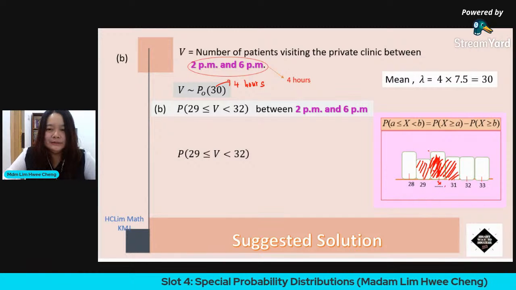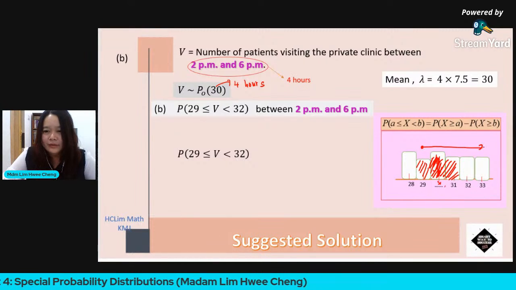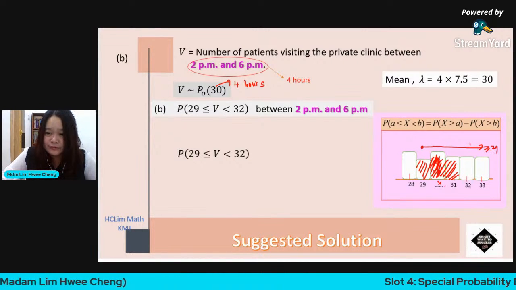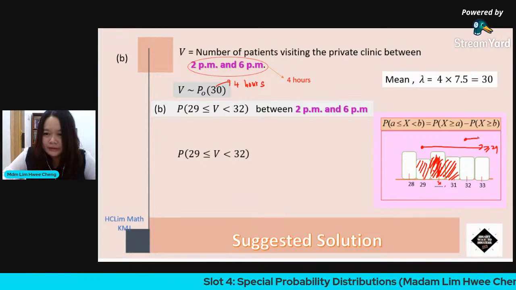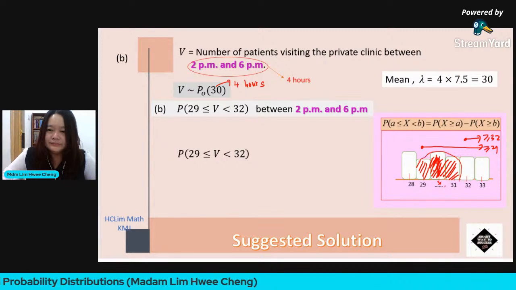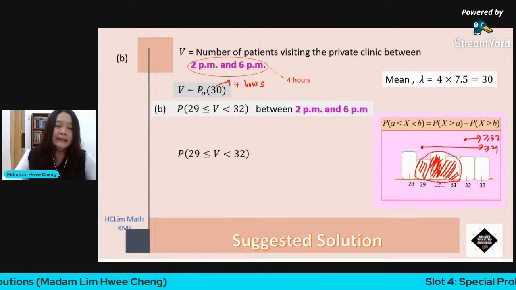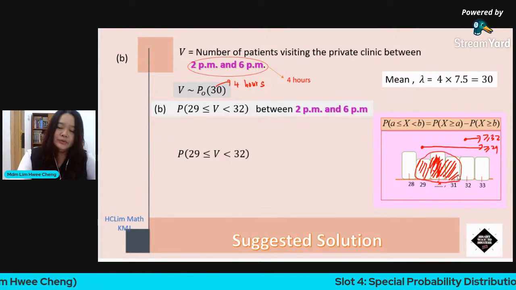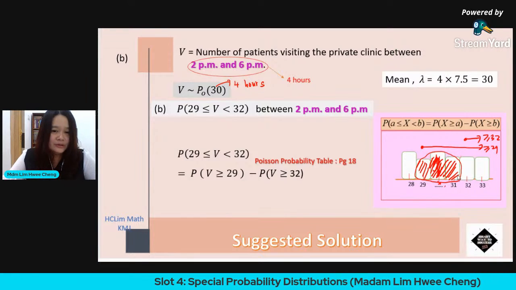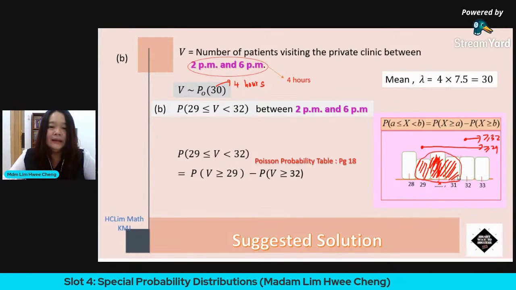So how do we read? I have to use this: greater or equal 29. I subtract, tolak dengan apa? Tolak with 32, because I want to cut this. I don't want greater or equal than 32. I just want this only. So I will have my V greater or equal than 29 minus V greater or equal than 32.